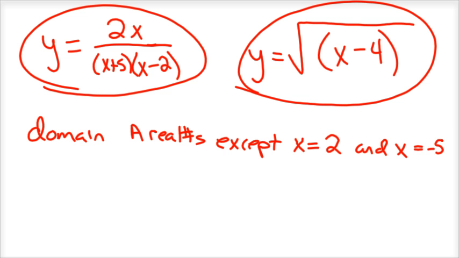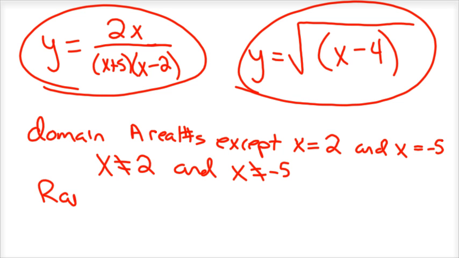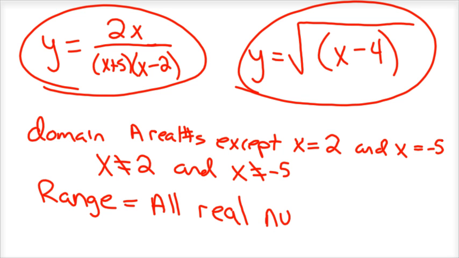So sometimes it'll say x cannot be 2 and x cannot be negative 5. And now my range, I skipped over that, but the range in that case is all real numbers. Nothing is excluded in the range. It goes on and on forever up and on forever down. So all real numbers there.